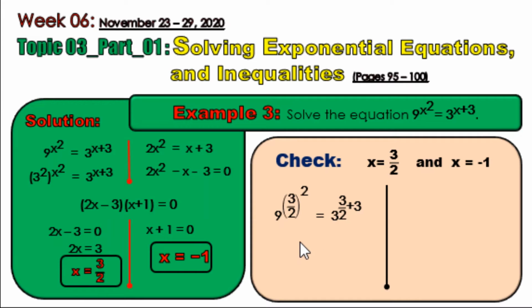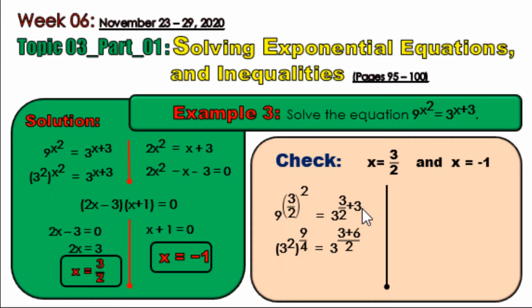Okay, so 3 halves squared is equal to, okay, 3 squared is 9, 2 squared is 4. And on the other side of your equation, we are adding 3 and 3 halves. So again, another concept is adding fractions. Okay, adding fractions. So for this one, we'll be finding the LCD.